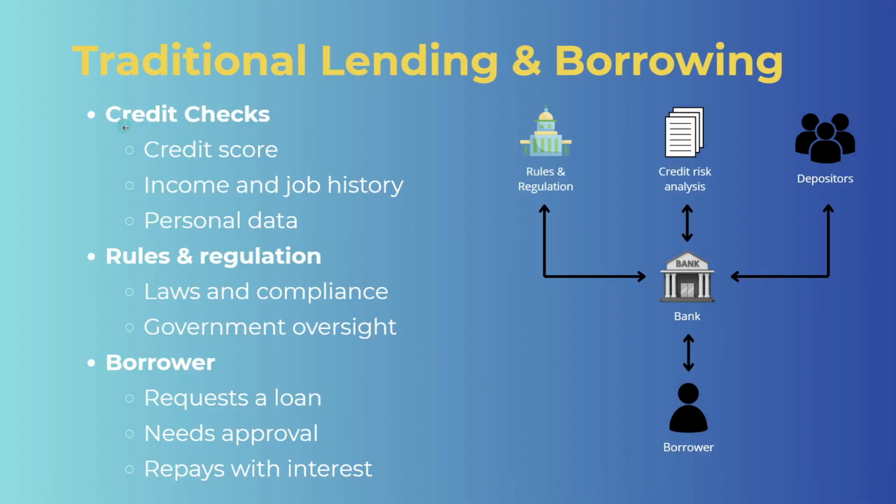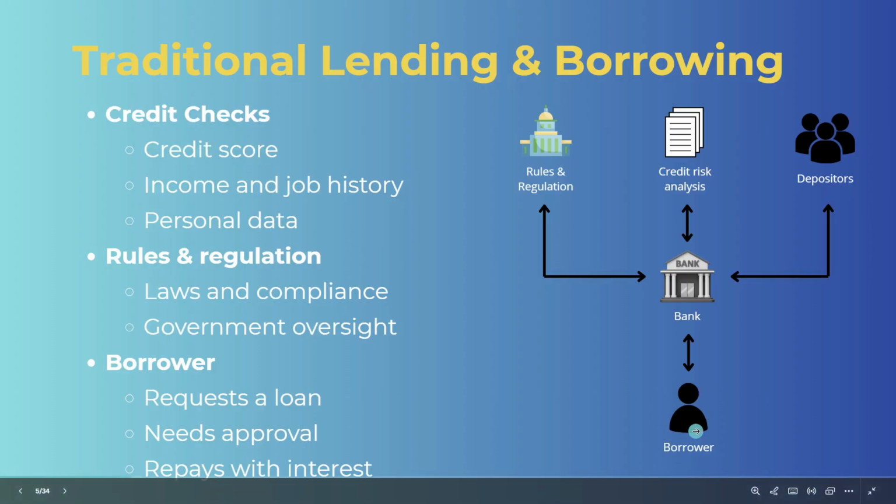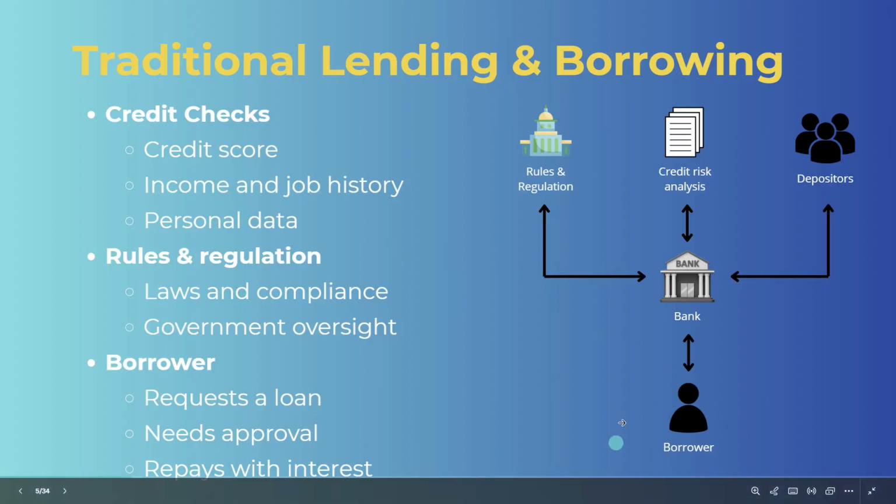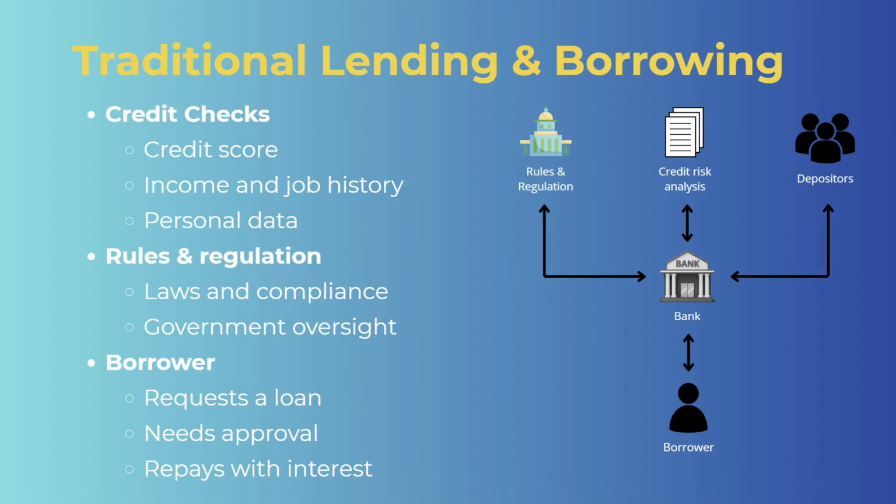The bank makes credit checks, so it checks the credit score of the borrower that wants to borrow money. It also checks the income, job history and personal data of the borrower. So, for example, if the borrower does not have a job that allows him to pay this loan, of course, the bank will not give you the loan.